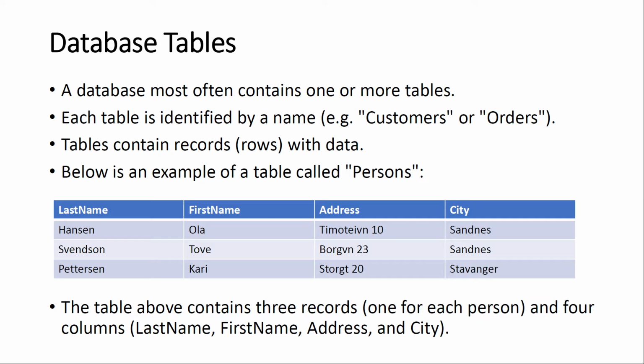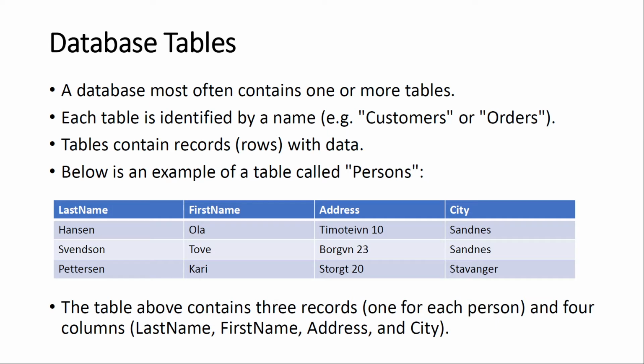So all the information we have in the table is going to be organized around those fields, and each and every record, each and every row which we're going to have in our table is going to be specific information about a particular data item which we have in our table. An example is this one here.